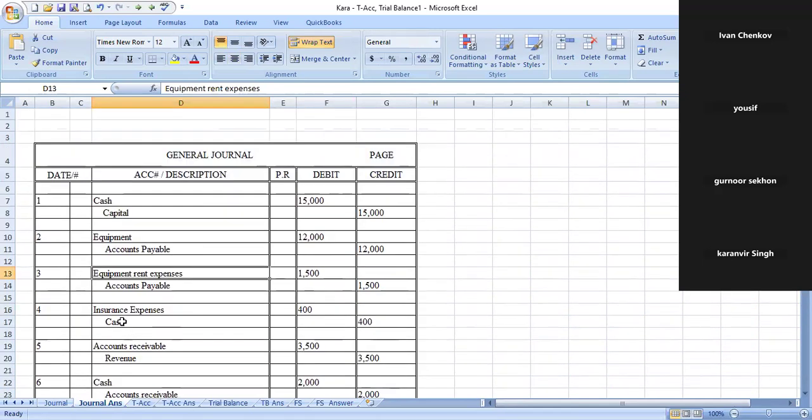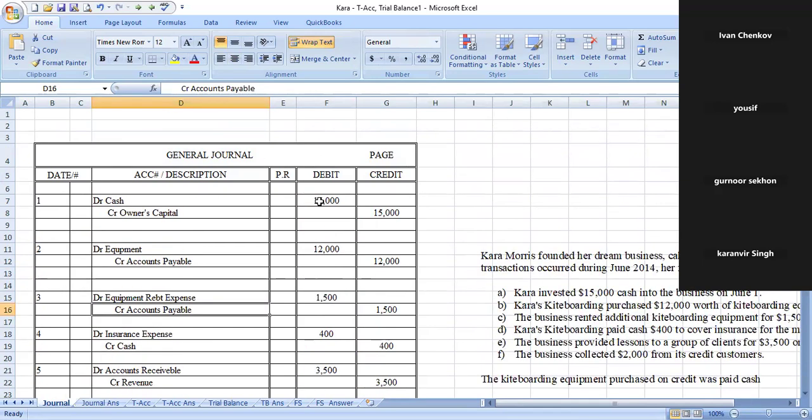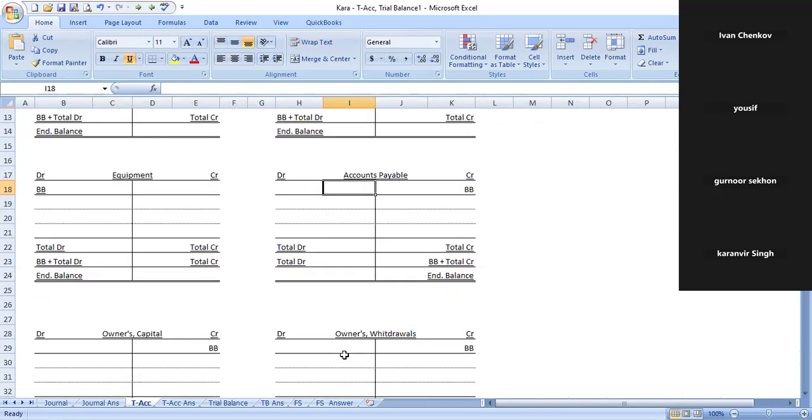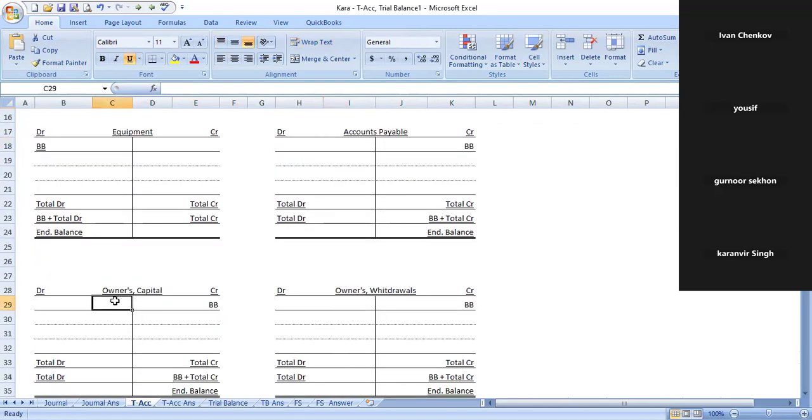So now, since we have everything on the journal, from this point we're gonna go to the T accounts. We're gonna go now to the ledger, where we're going to see all the T accounts. We know what we need. We need cash. We need accounts receivable. We need the equipment. We need accounts payable. We need the owner's capital.